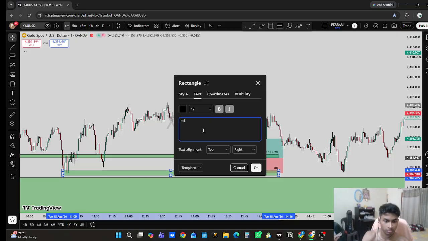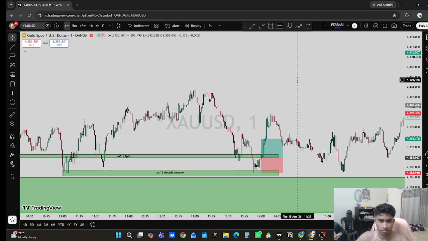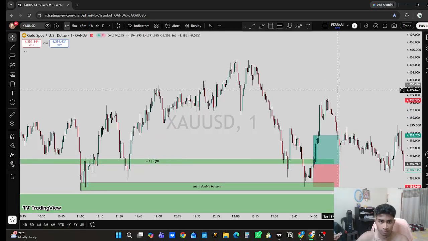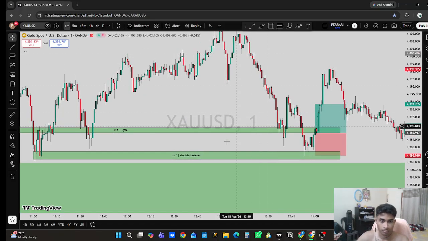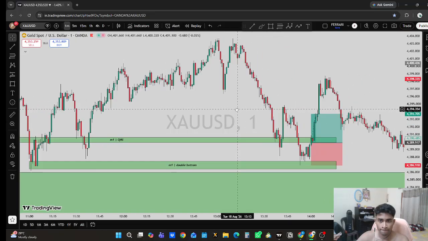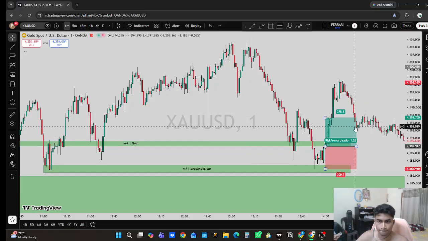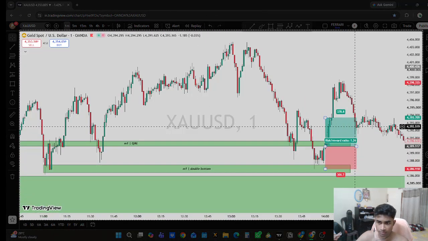This is F1, double bottom, right? This is the Q1. Just journal it like this one.